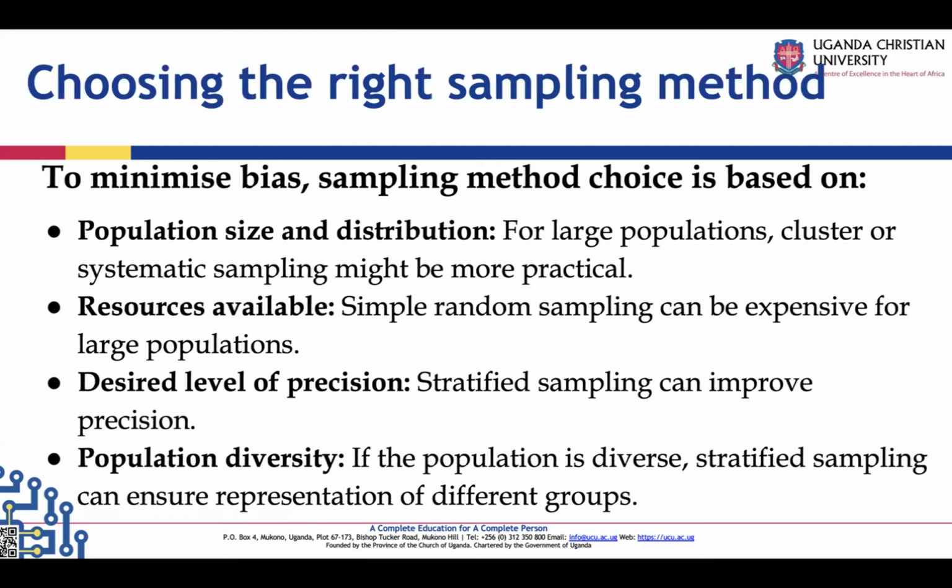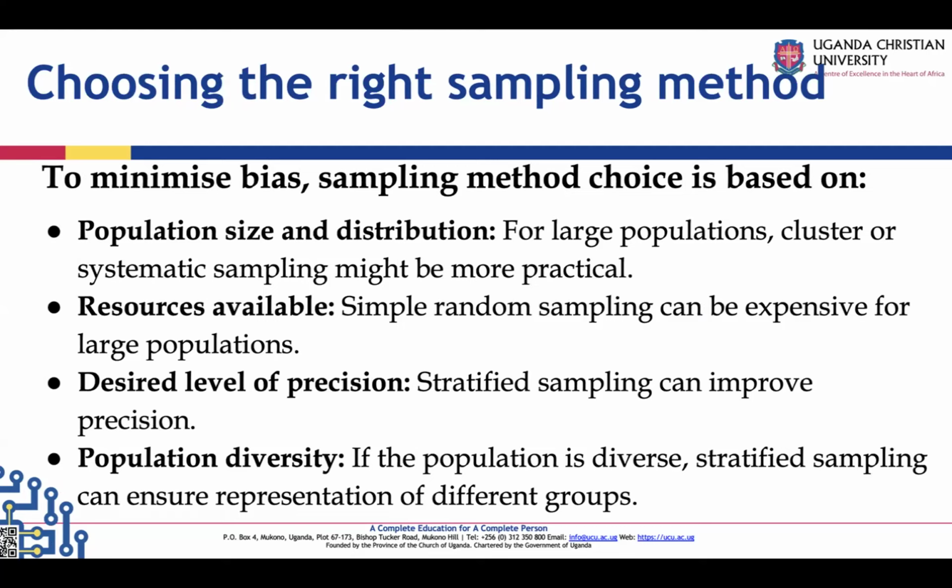So how do we choose the right sampling method? We do this to minimize bias as much as we possibly can, and we do this based on certain aspects. For instance, we have to know the entire population size, but in some instances we might not know, and that distribution. So again, the descriptive statistics come into play.